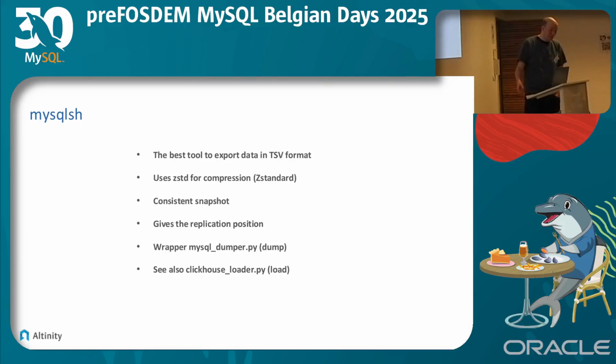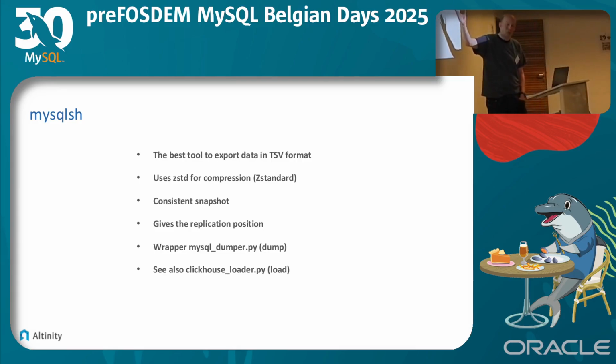Sorry for mydumper, but this is what we use. If you need masking, maybe, but this is really serious, professional, battle-tested, proven. I dumped terabytes and terabytes of data using that. And I have a wrapper called MySQL dumper that dumps the data and loads it using the ClickHouse loader.